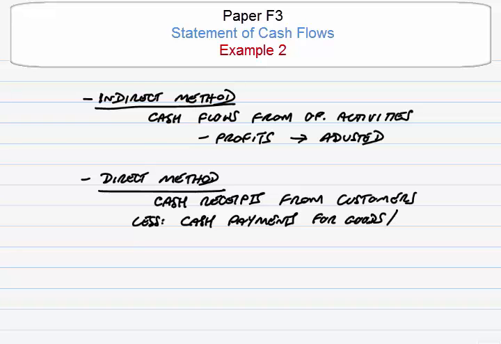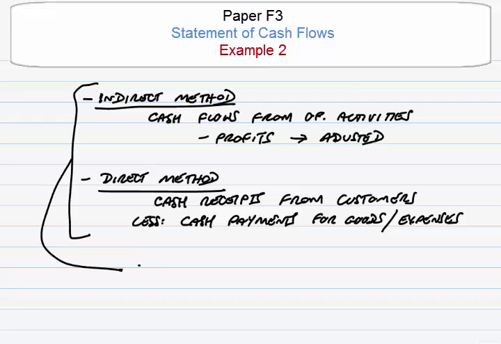Goods and expenses. I'll show you how with figures in a moment, but in both cases it would give us exactly the same figure. It would give us the cash generated from operations.